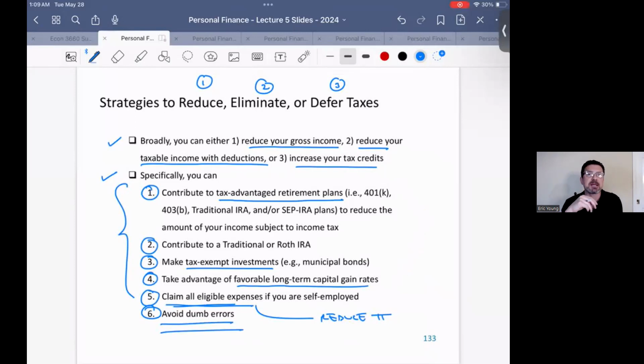And when it comes to taxes, even small innocuous errors that you don't even think are major can be really major. Once again, as in all of personal finance, good taxes are about knowing a lot, taking actions, doing the right things well, and avoiding the dumb errors.